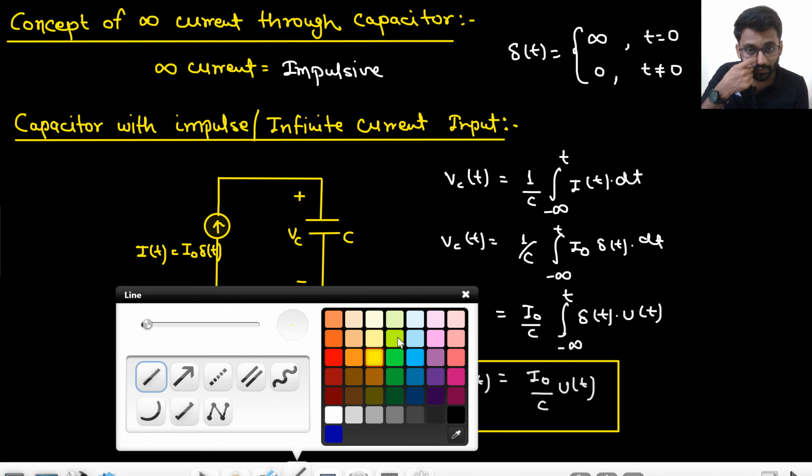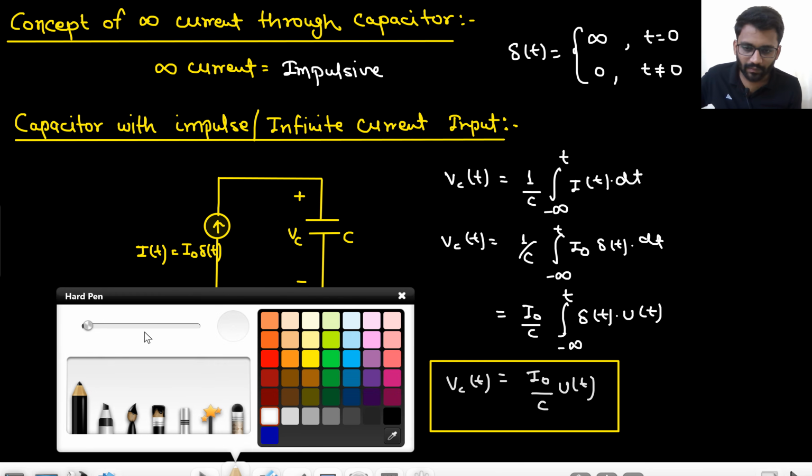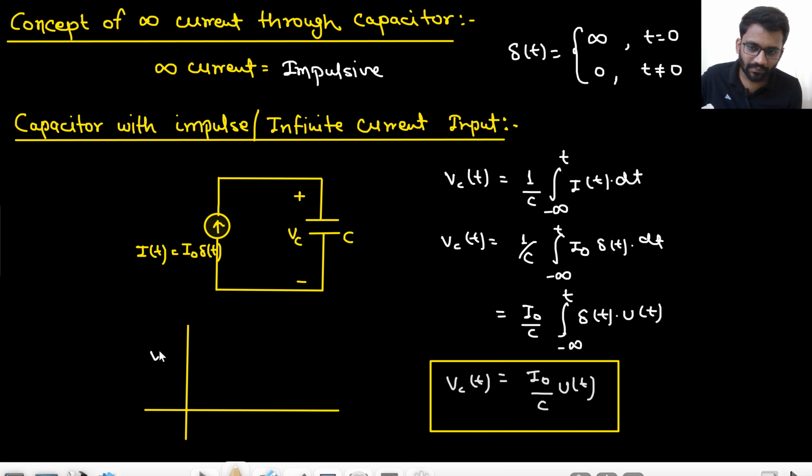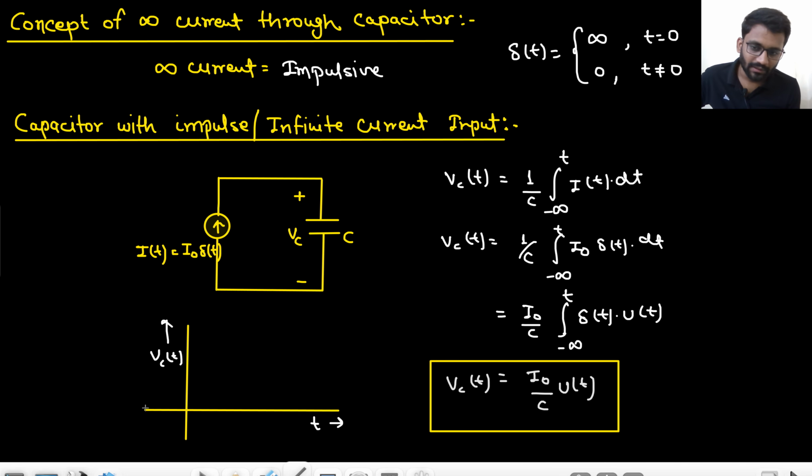Now if I make the graph of VC(t), for t less than 0 it is 0, and then suddenly it goes to I naught by C.